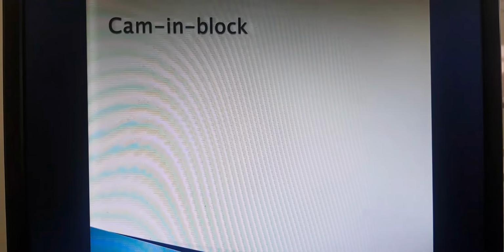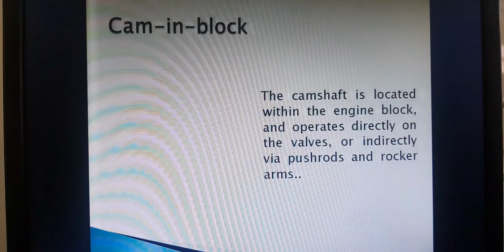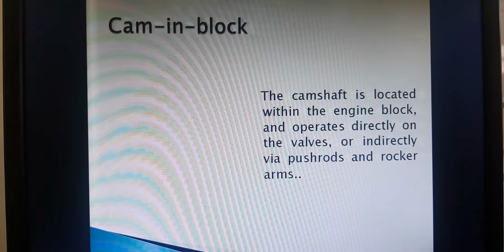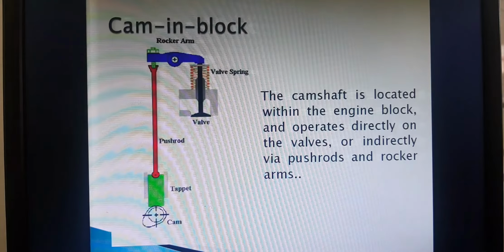Okay, we have the cam and block configuration. The camshaft is located within the engine block or the cylinder block, as you know it, and operates directly on the valves or indirectly via push rods and rocker arms. So this is the typical setup of a push rod engine or a valve train which uses push rods and rocker arms.